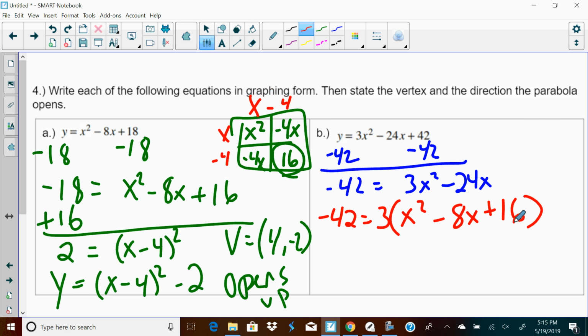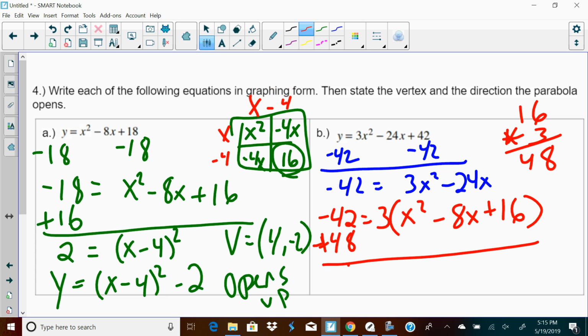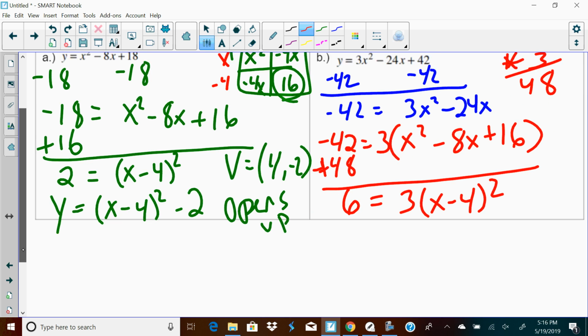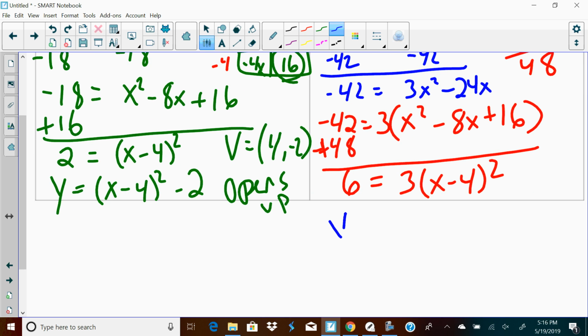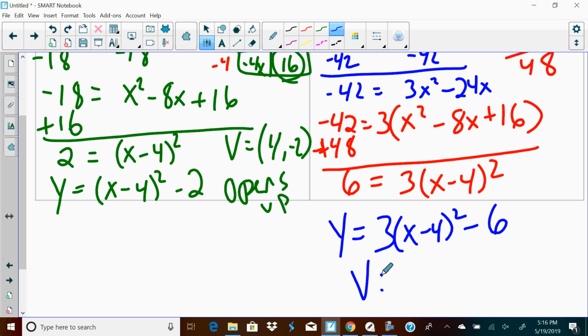So I add 16, but on the other side, I'm really adding 16 times 3, which is 48. So I get 6 equals 3 groups of x minus 4 squared. So then my equation is y equals 3 groups of x minus 4 squared minus 6. So my vertex is 4, negative 6, and it opens up.